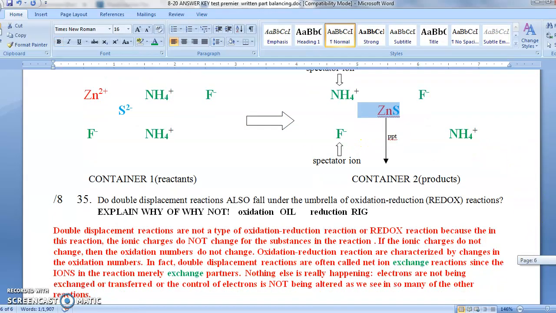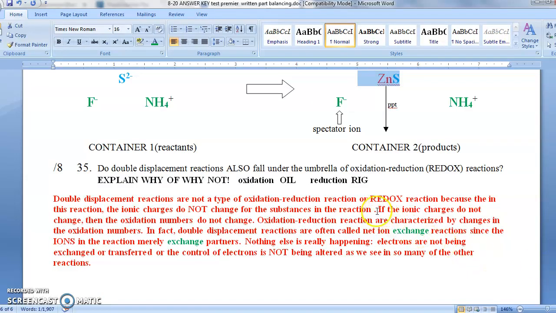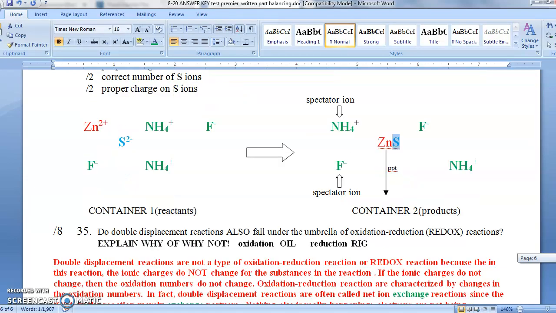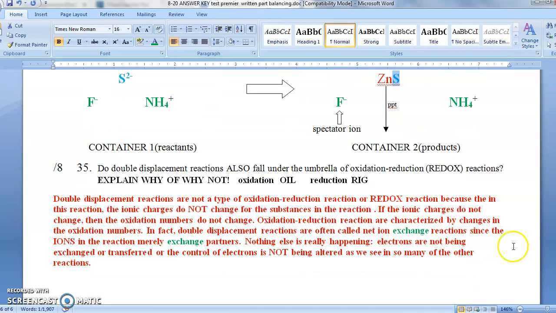Water could not keep them separated. So double displacement involves no changes in charges. Everything that goes into the reaction has the same charge. The zincs are still 2 plus on the product side. The sulfides are still 2 minus. They just pull together and it's neutral overall because the 2 plus is balanced out by the 2 minus.